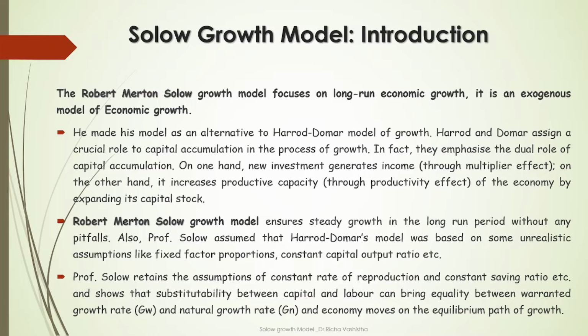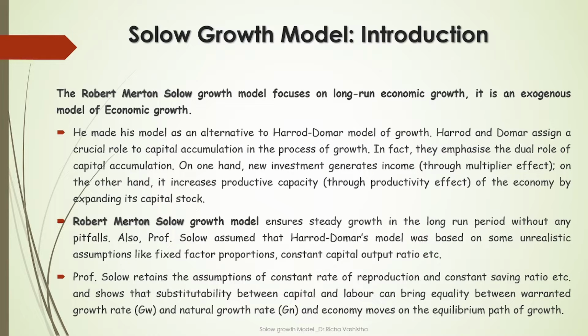In one aspect, they discussed how new investment generates income, which was explained with the help of the multiplier effect. The other aspect discussed how it increases the productive capacity, which was covered under the productivity effect, by expanding the capital stock.